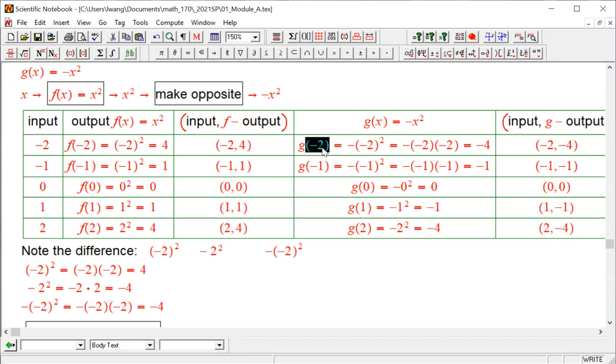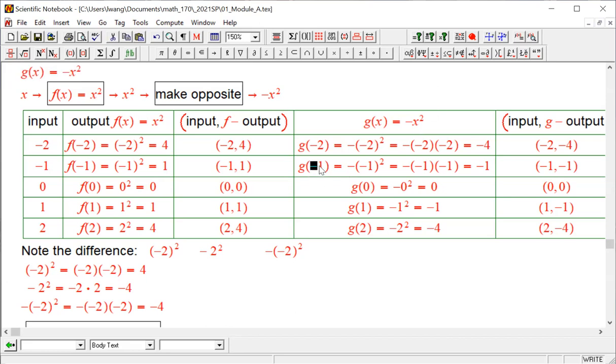So for -2, we have a negative sign and then (-2) squared, and this has parentheses. And so there's a negative sign, and we have -2 times -2. That equals 4, and with the negative sign, -4. So for input -2, the output is -4 for this new rule.